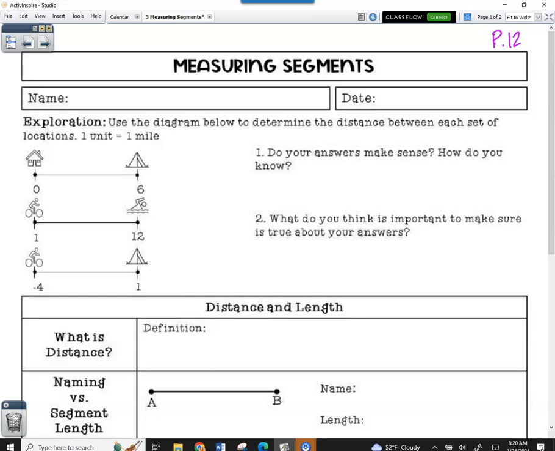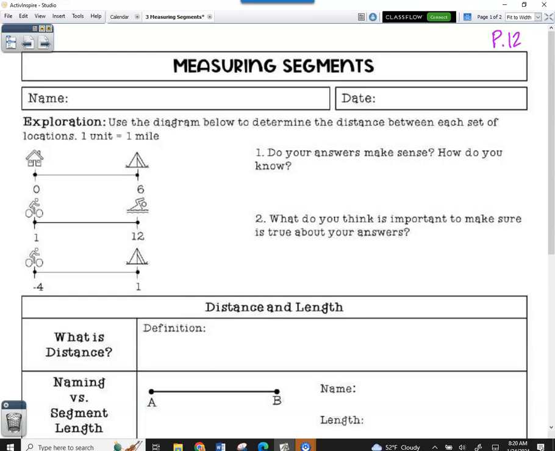If from the house to, say, the campsite, from 0 to 6, and it says 1 unit is 1 mile, I want you right now to, over here to the right, write how many miles the campsite is from the house. There's not a lot of thinking involved here. There's no trick, okay? It's just, can you interpret 1 unit to 1 mile and then trust yourself to be right? So write it down.